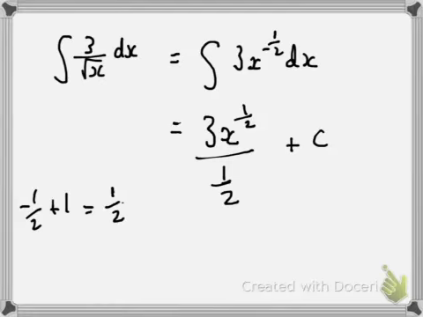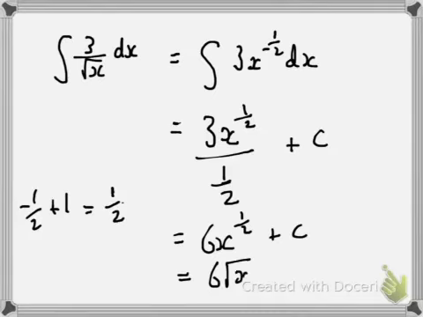When we divide anything by a half, we're effectively multiplying by 2. So now we get 6x to the power of a half plus c. And x to the power of a half is square root x, so it's 6 root x plus c.